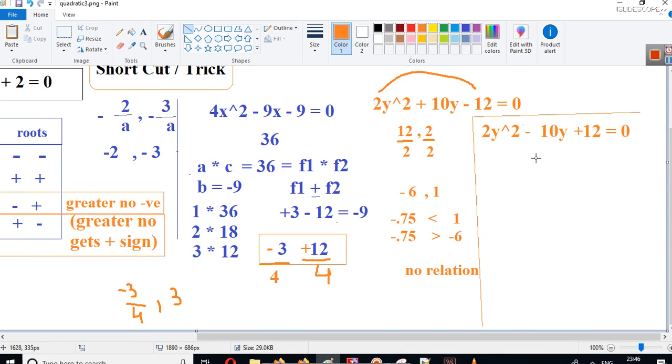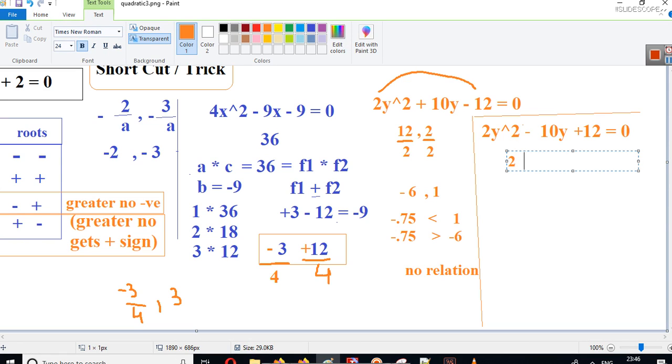Now in this case 12 into 2 is 24, we know, but let's say 2 and 12 are our factors. But how will you write 2 and 12 in such a way that by either adding 2 with 12 or subtracting 2 from 12 you can get minus 10?